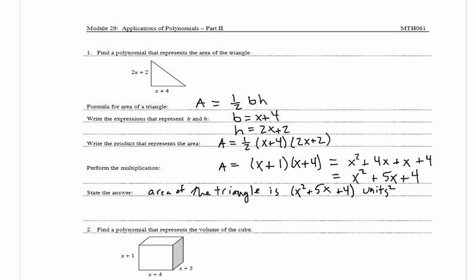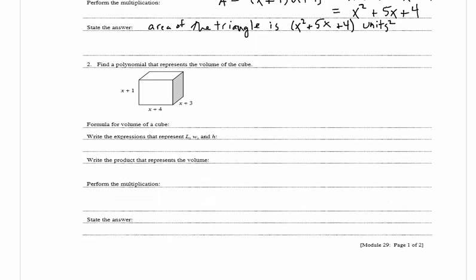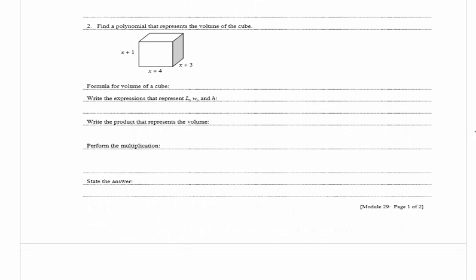In 2, it says, find a polynomial that represents the volume of the cube. And they want first the formula for volume of a cube. So volume is equal to length times width times height. And now it wants us to write the expression that represents L, W, and H. And L is going to be equal to x plus 4.